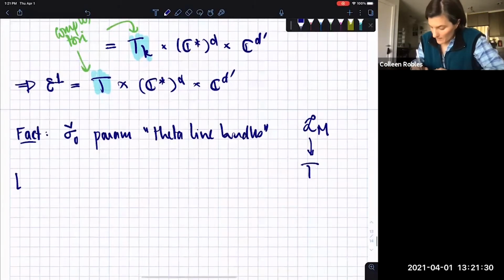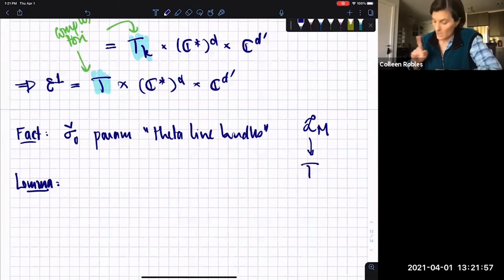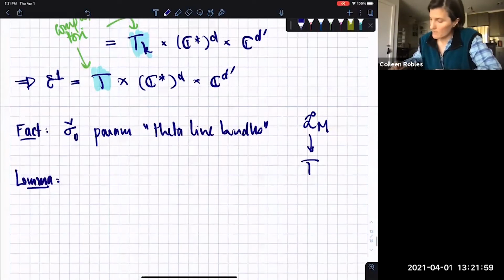Okay. And the lemma, and this is really just a consequence of the fact that we're working with limiting mixed Hodge structures. So there's positivity inside limiting mixed Hodge structures that come from the polarizations on the weight graded quotients that are induced by the nilpotent cone. And that positivity is all I need right now.